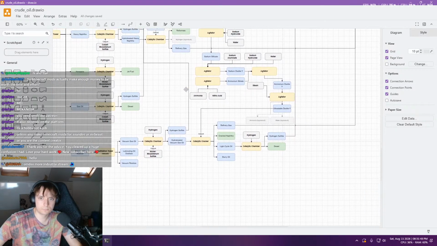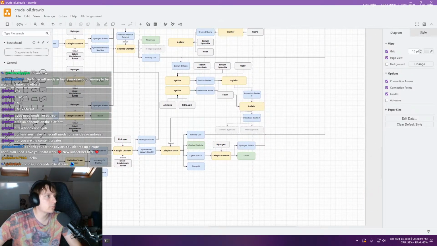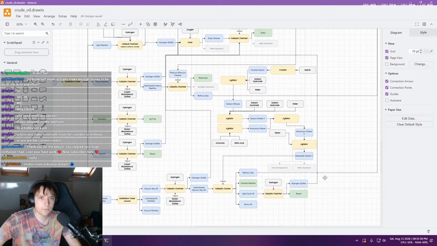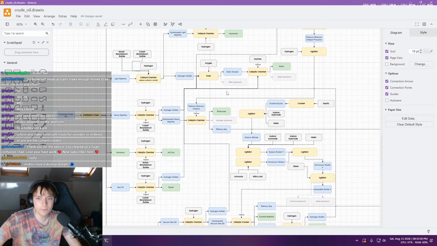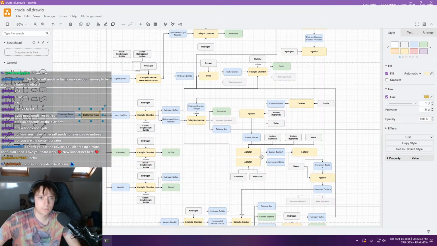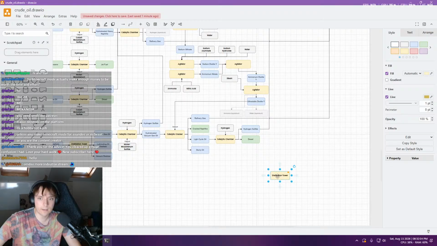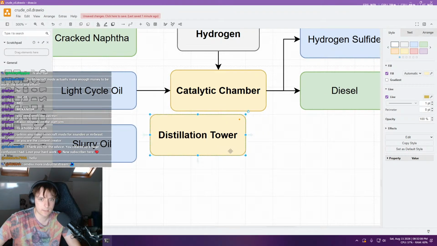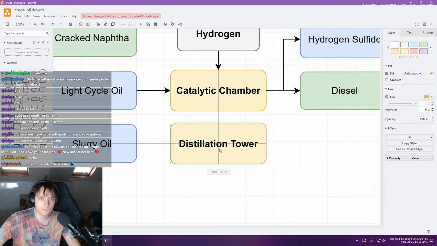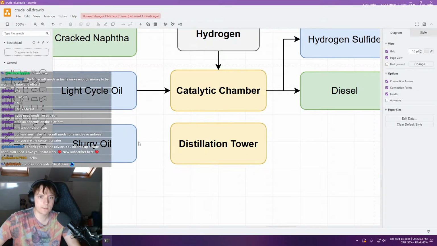Hello, White. Welcome to the stream. Okay, so in that case, do we just use the distillation tower? I think we do, because I don't want to have another machine just for this. Yeah, I'm going to do that. Silly. Distillation tower, like that.